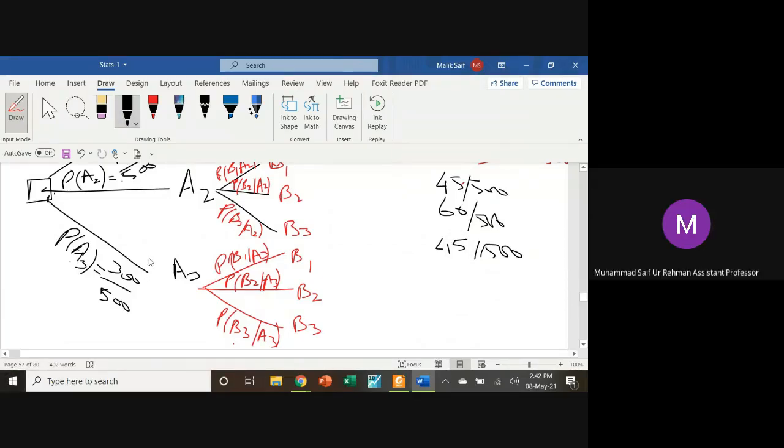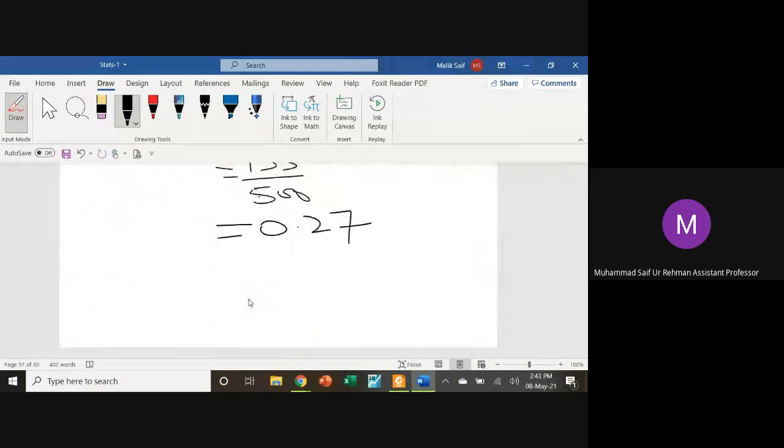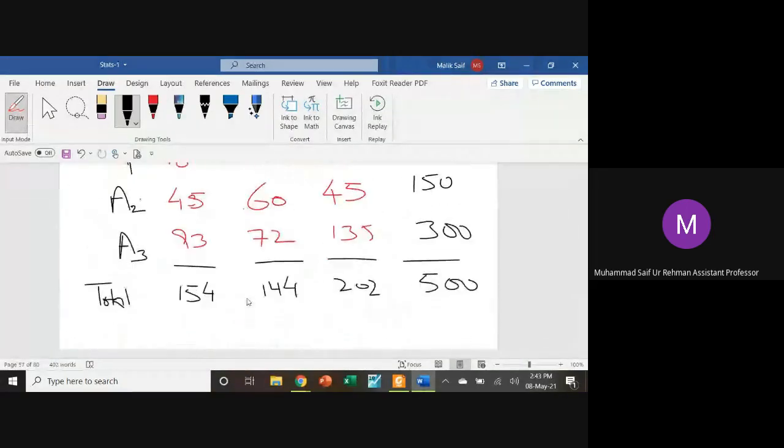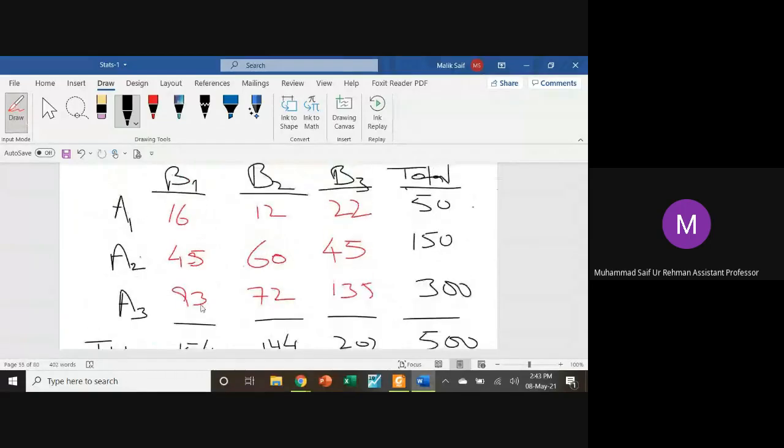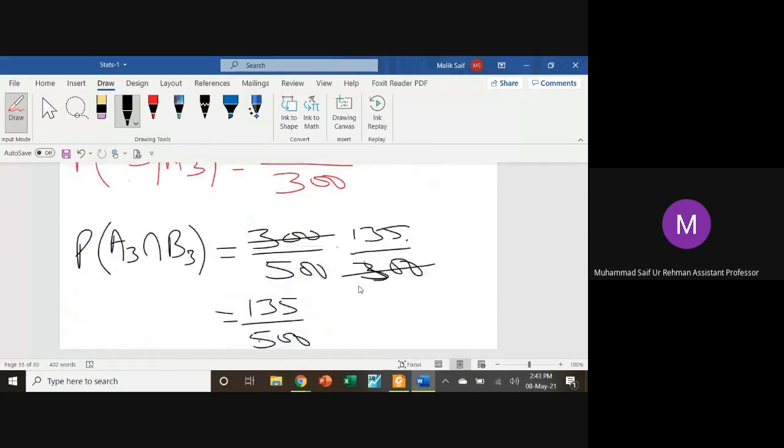And then in the third case, B1 given A3, B1 given A3: 93, 72, and 135.